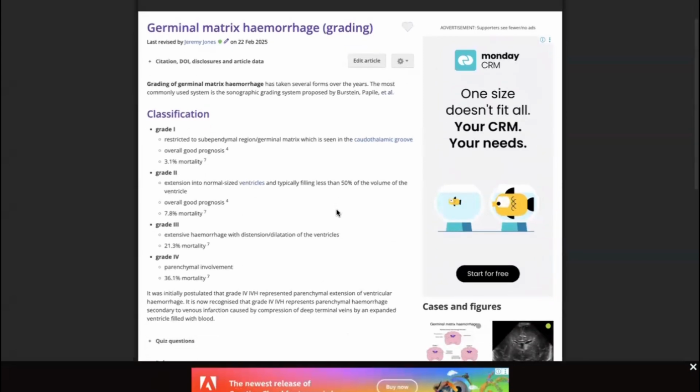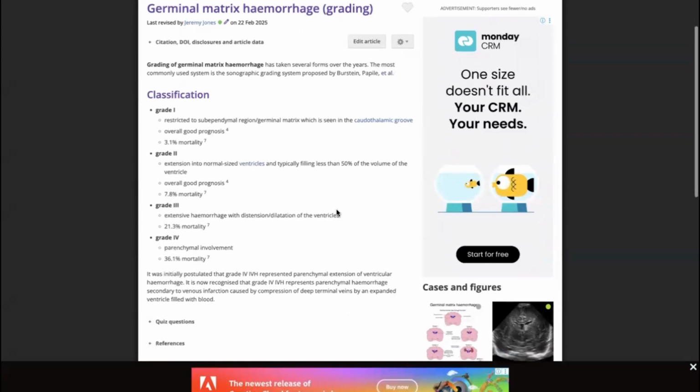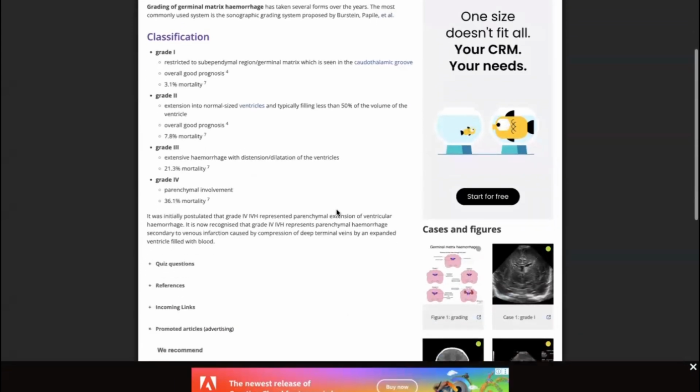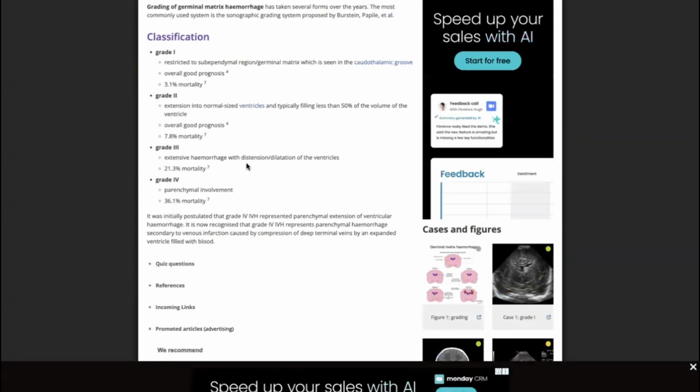Type 2 is extension into a normal size ventricle. Type 3 is extension of the hemorrhage into the ventricle, and the ventricle is dilated. Type 4 has parenchymal involvement.